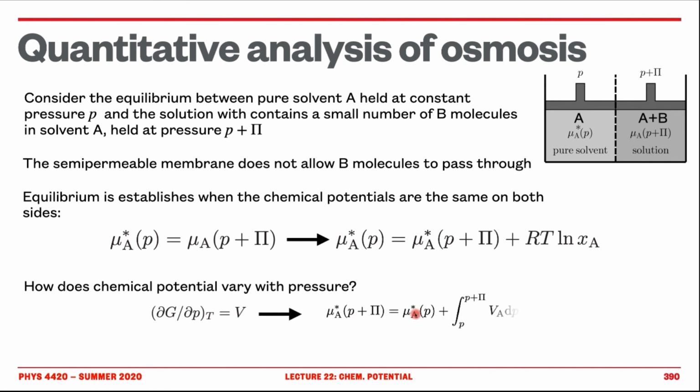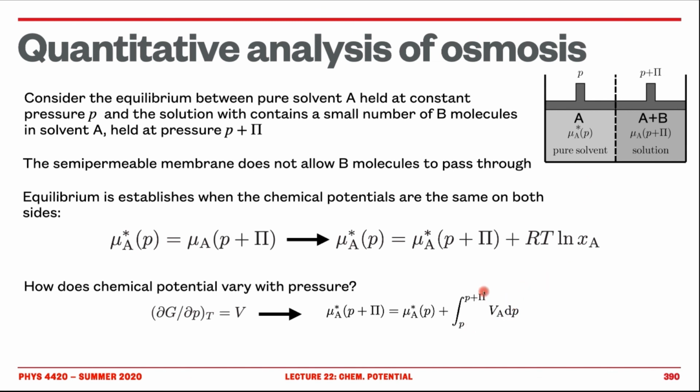So that allows me to write the variation of the chemical potential as a function of volume, and of course I integrate this. The integral here will be giving me the difference of chemical potential between P plus pi and P, okay? Now, we are going to make an approximation here.